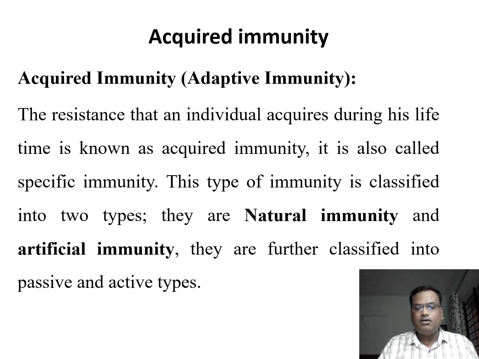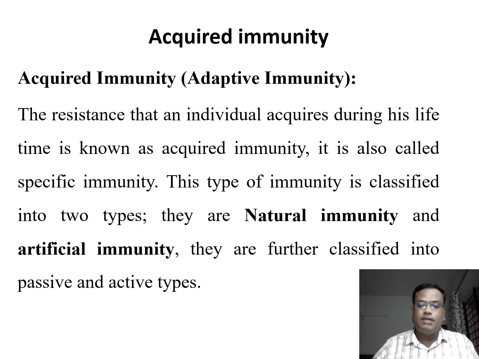Now, you just think of human beings, right? After birth, I may get infected by A virus, whereas another person is not at all infected by A virus, but he may be infected with B virus. Since I got infected with A virus, when I recover, my immune system responds and I develop immunity against A virus.